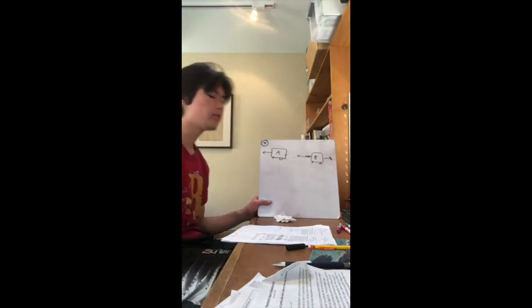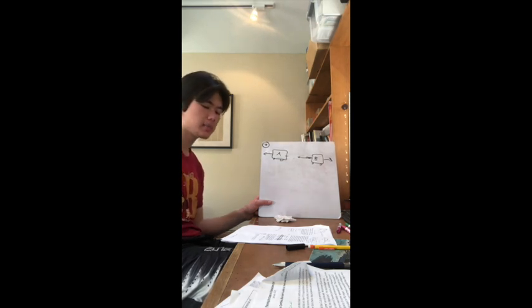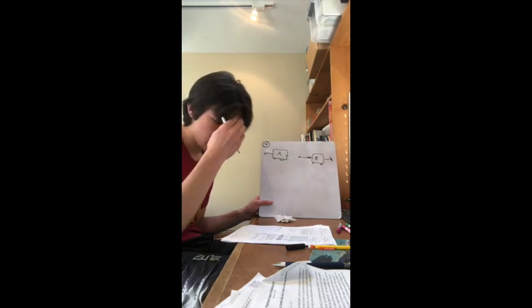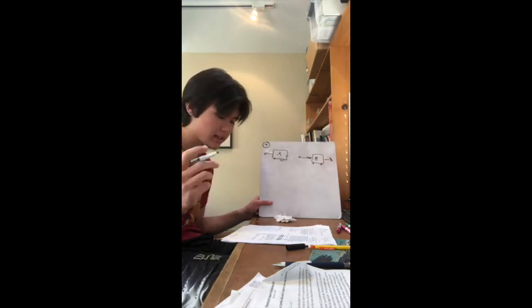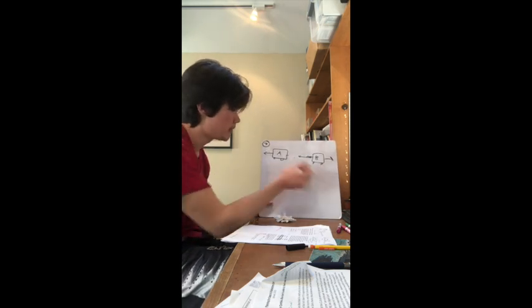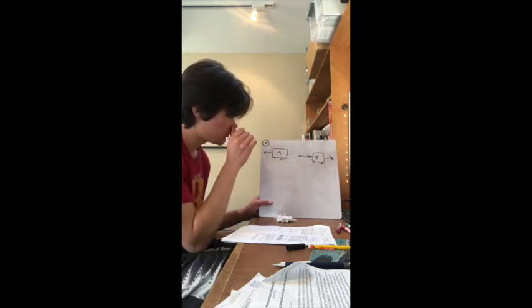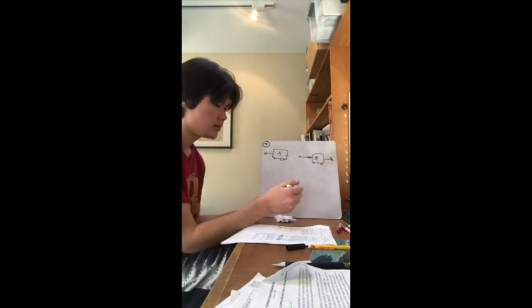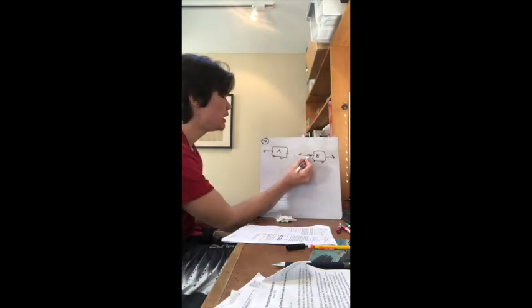This question asks us to compare kinetic energy and momentum before and after the collision. First, the collision is pretty elastic because it doesn't deform the objects. Second, we are inputting a huge amount of kinetic energy into the system.